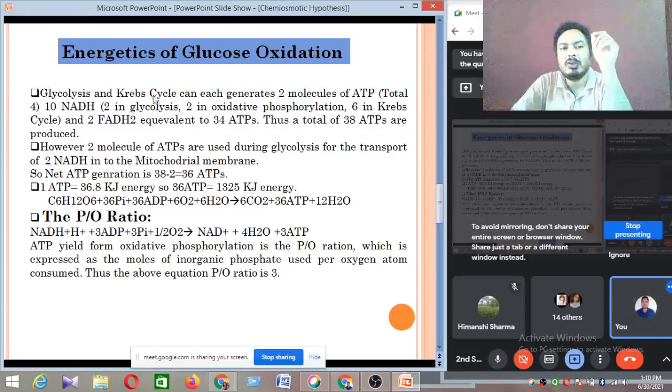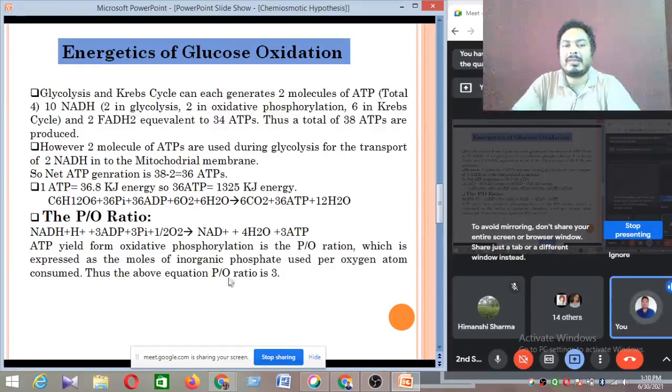These 2 NADH molecules are produced in glycolysis, and they have to be transported from the cytoplasm to the mitochondrial membrane. During this transportation they need energy, and this energy comes from the breakdown of the 2 ATP molecules produced in glycolysis. That means 2 ATP molecules are already finished.